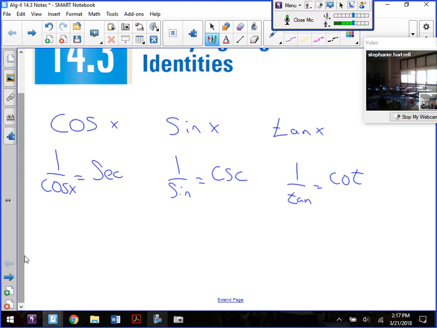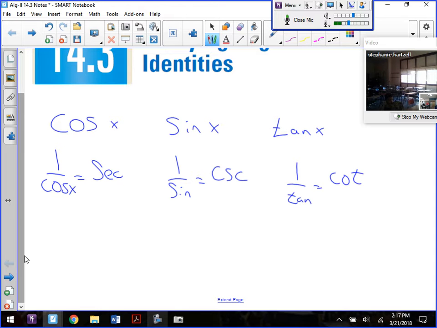You might have noticed halfway through writing these out, my x's kind of disappeared. None of these properties work unless they're automatically the same value of x, the same value of theta, the same number value. It is, by all means, okay to not write down x for these because it lessens the words.